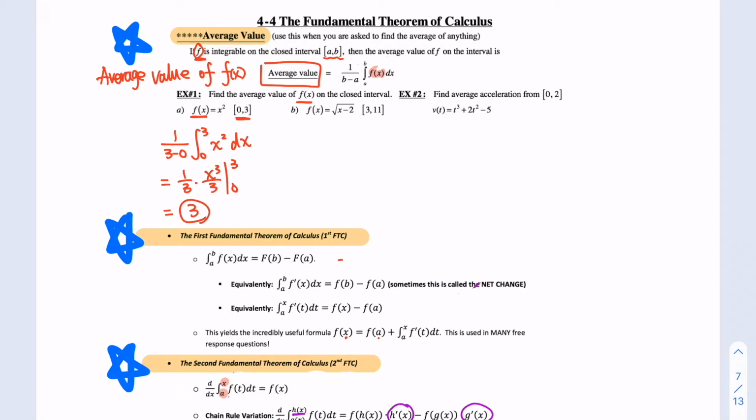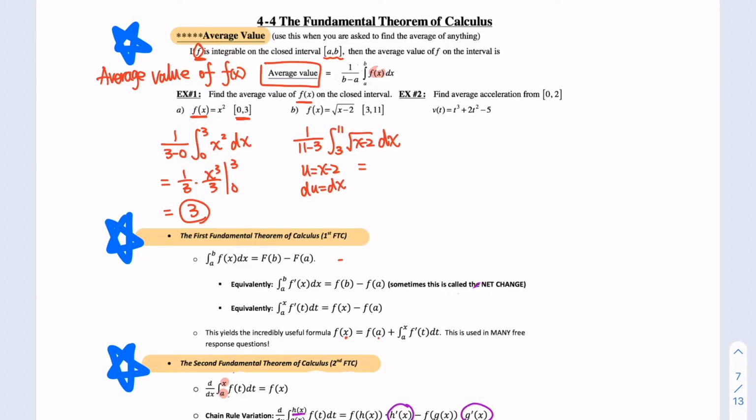Same thing for b. So 1 over 11 minus 3, integration from 3 to 11 of square root of x minus 2 dx. This problem you can use u substitution. So u equals x minus 2, du is dx.